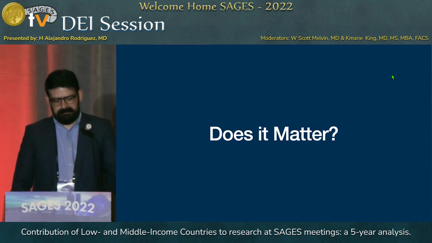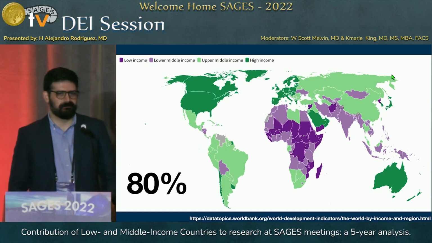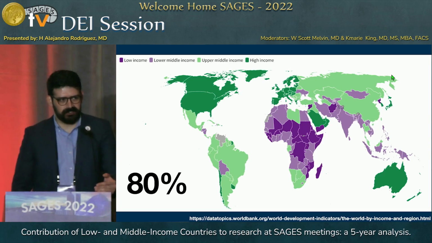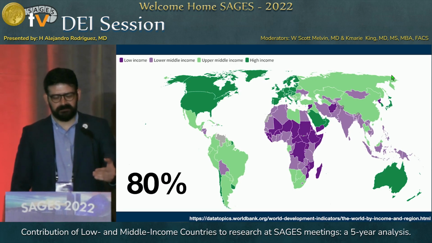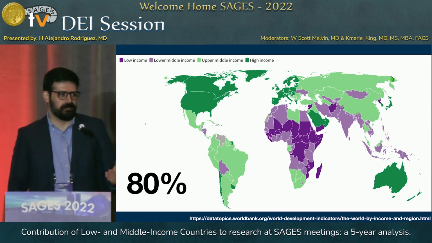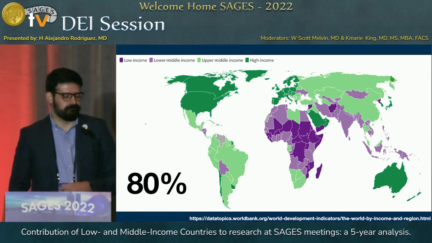Does it matter? Up for debate. I think it does. Not to drill home the point, but 80% of the world's population does not live in a high-income country. So the practice of medicine and surgery will necessarily be different in places where you have low resources. And there are a million ways to illustrate this.